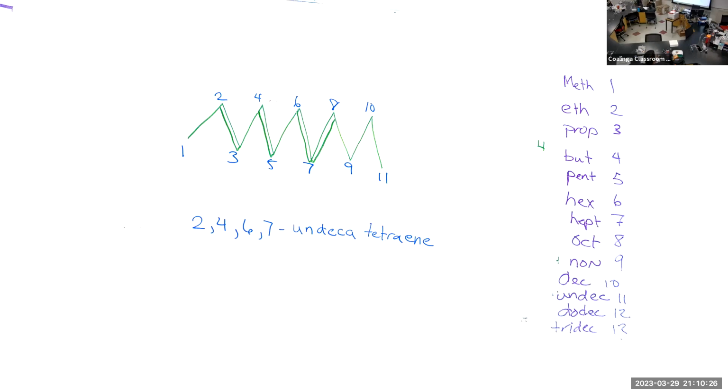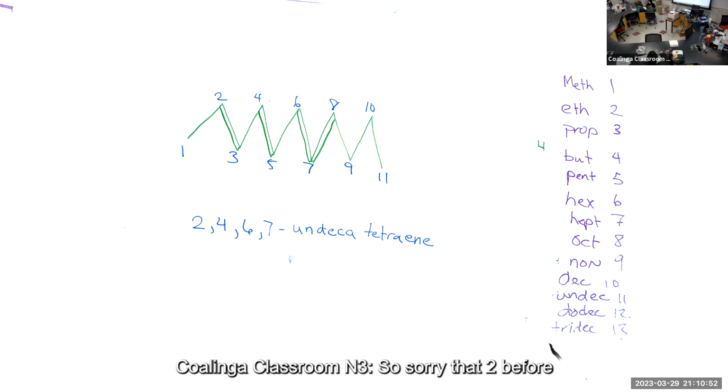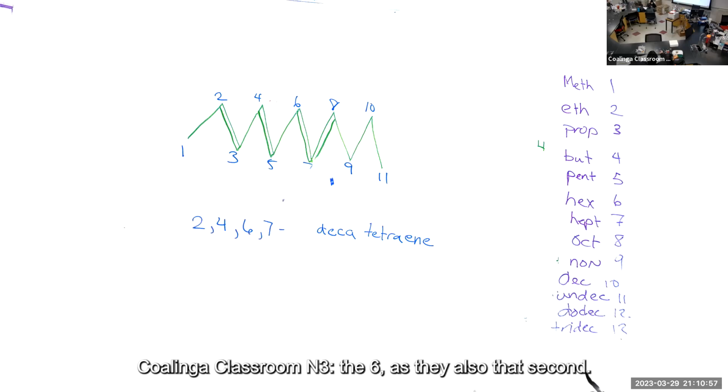Oh, I understand. Because there are 11 carbons. The double bonds were at 2, at 4, at 6, and at 7. So it started at 2, then 4, 6, and also at 7.